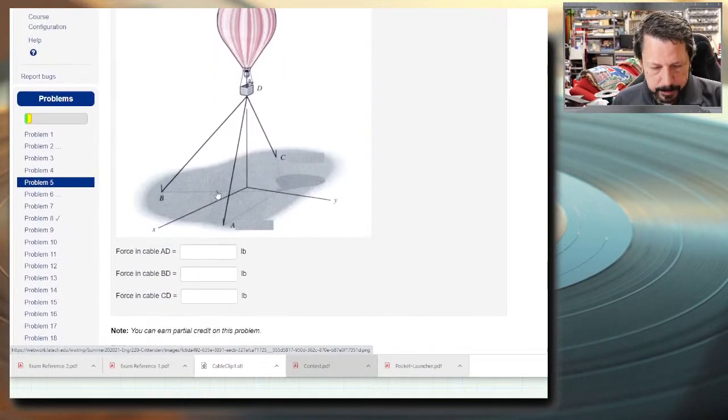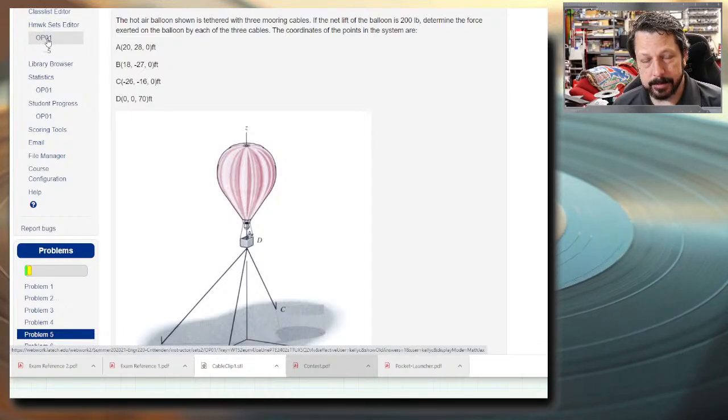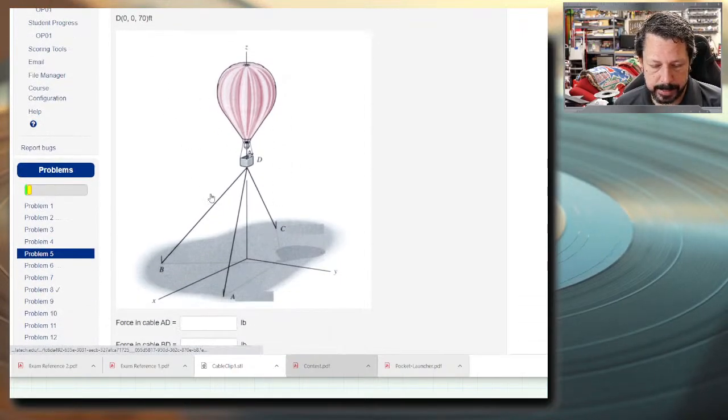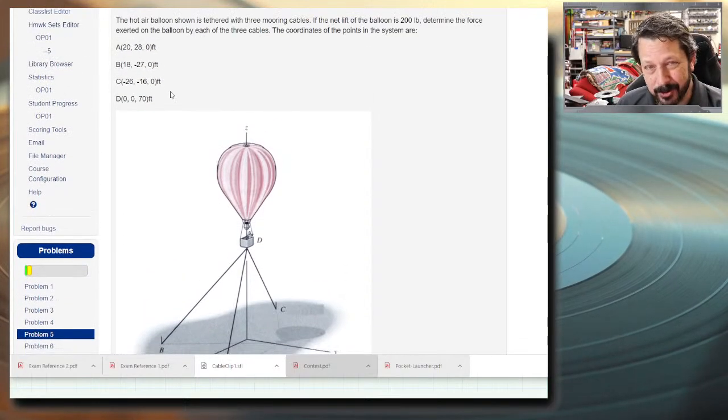And if you don't remember, the optional one has problems that are test level questions. It's a mix of really straightforward and a little bit more complicated, at least in the sense that they're 3D problems. So you don't get any credit for doing the optional one.